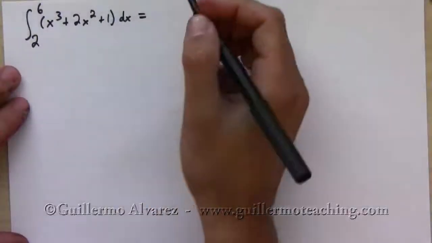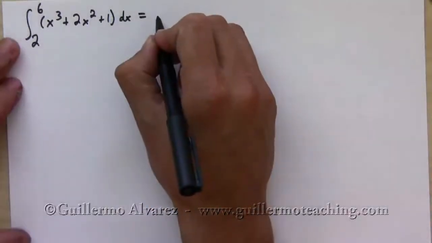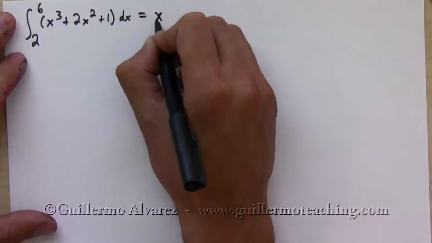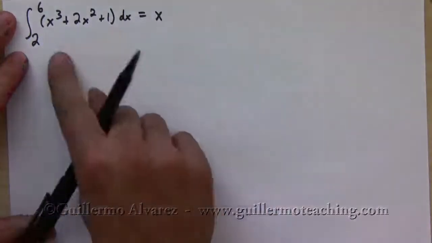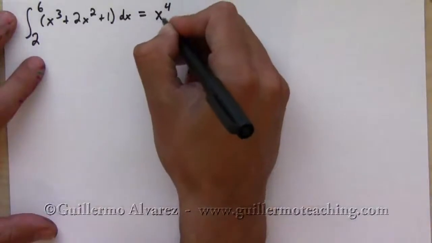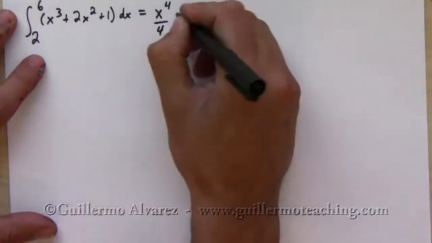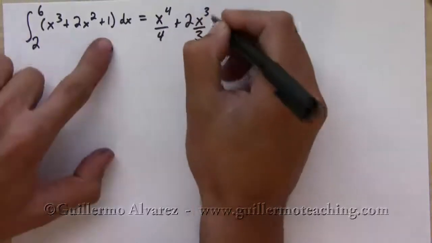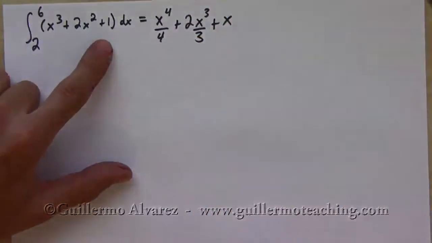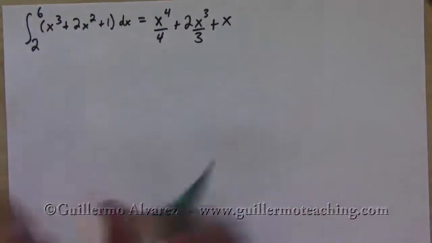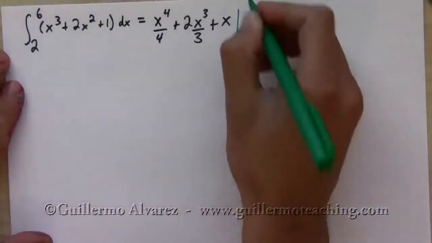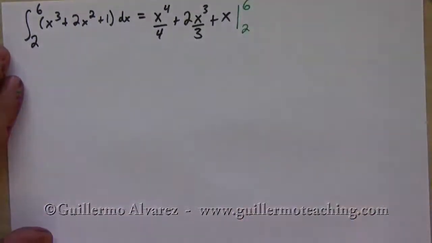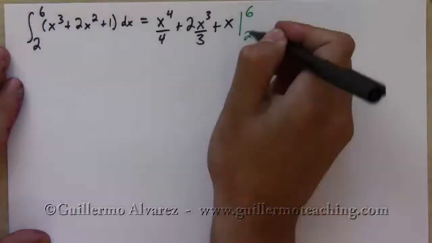This is equal to, remember the fundamental theorem of calculus, what it says is find the antiderivative, which is x to the 4th over 4 plus 2x cubed over 3 plus x. And then evaluate it from 2 to 6, doing the top, remember, always top minus the bottom.